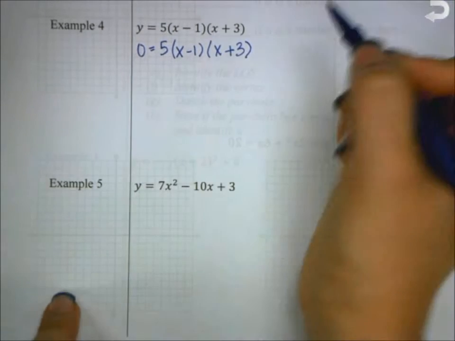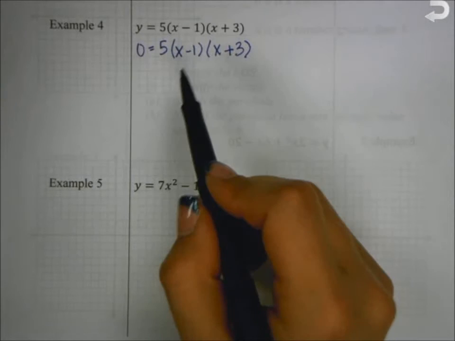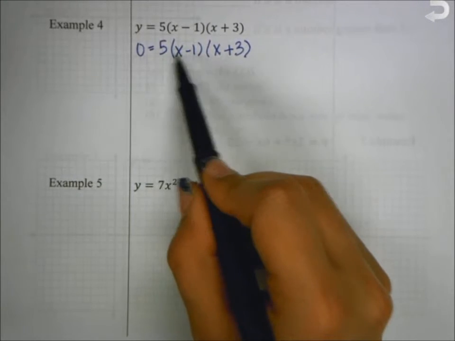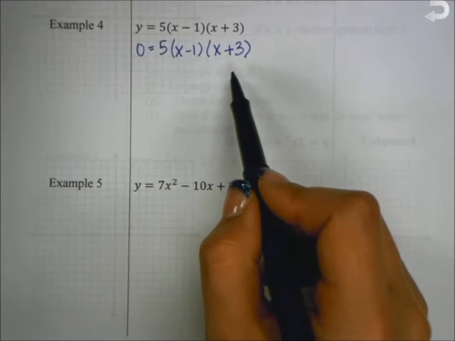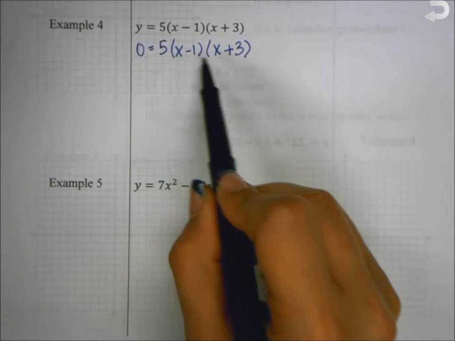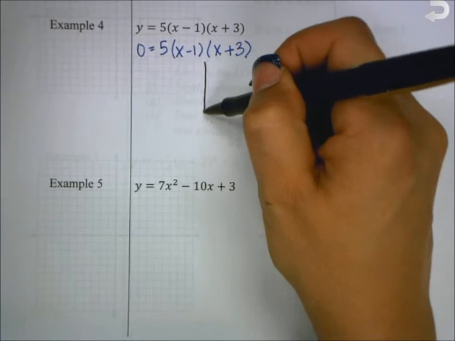I have 3 factors: 5, x minus 1, and x plus 3. Which of these do I have to set equal to 0? The parentheses. How come I don't set 5 equal to 0? Because it's not possible. 5 doesn't equal 0. So that's not a possibility for us.